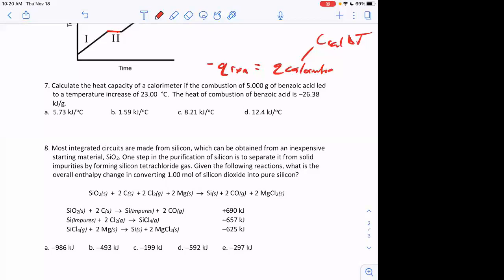So if someone put 5 grams of benzoic acid in this calorimeter, to figure out what the capital C cal is, the heat capacity of the whole calorimeter, that's what they're doing here. So the math is not that difficult. It's kind of like seeing what to do, more or less. What do we do?